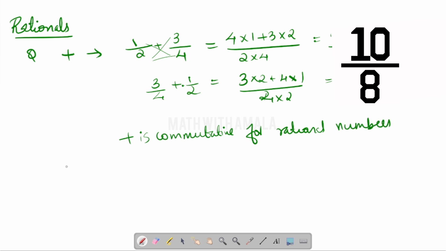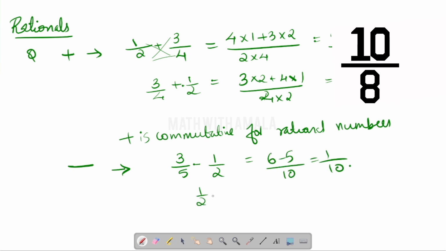Okay. Now let's take the case of subtraction. Let's take two rational numbers, 3 by 5 minus 5 by 2. Let us make this 5 by 2 a simpler one. Let's take 1 by 2. So, 3 by 5 minus 1 by 2, that is 6 minus 5 by 10, that is 1 by 10.